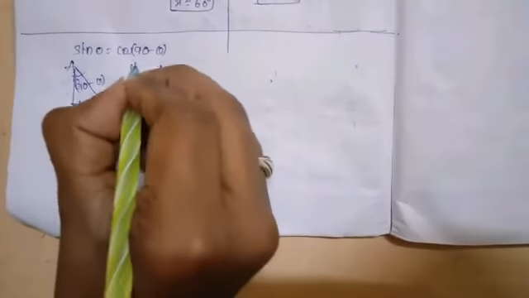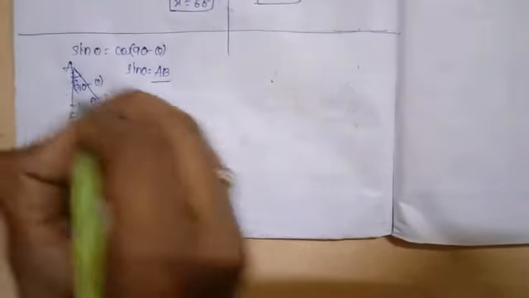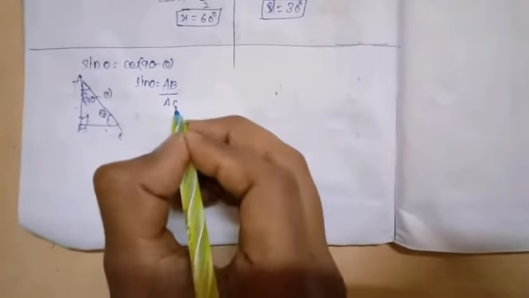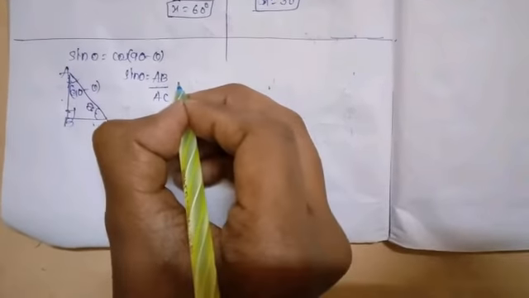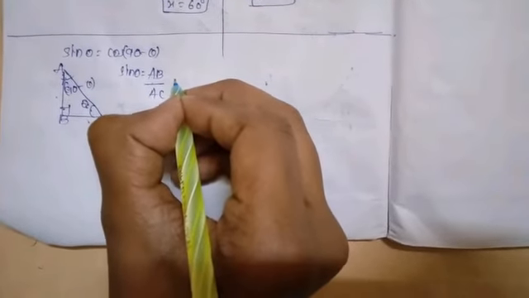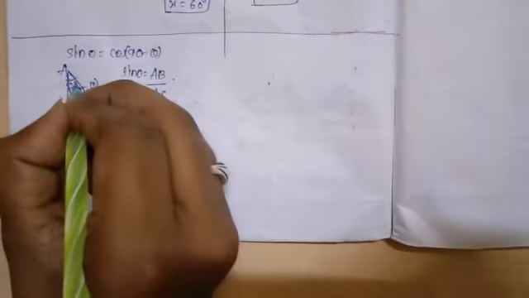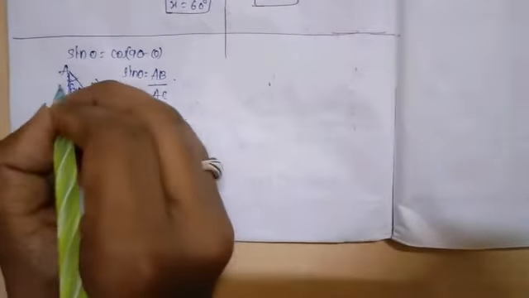First we have to take sin theta. So sin theta means the side opposite to theta, that is AB, by hypotenuse AC. AB by AC. So AB by AC is adjacent to 90 minus theta, because see, this side is adjacent to 90 minus theta.